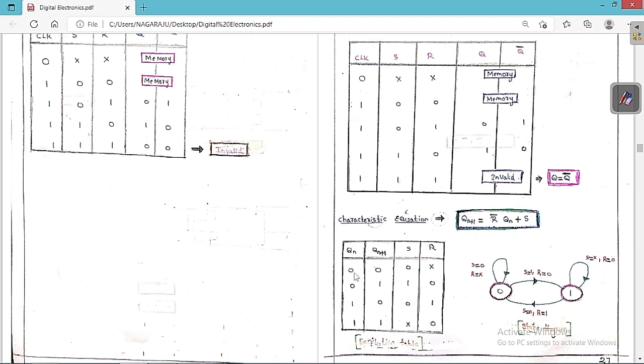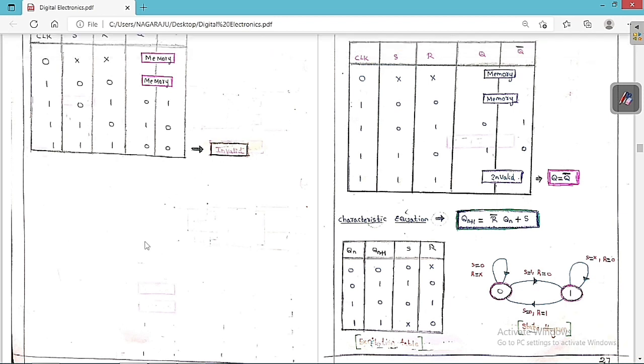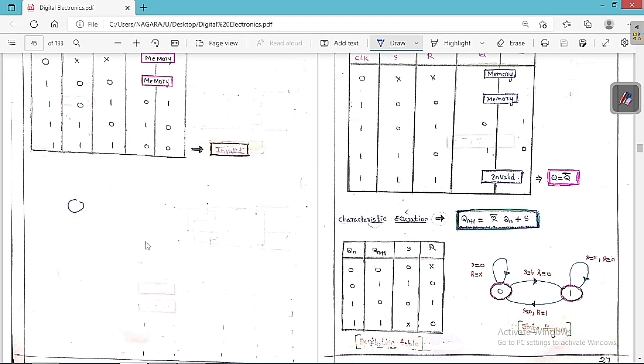See, if I want to change from 0 to 0, what do I have to do? I can give memory 0 0, or I can give 0 1. If I give 0 0, I am going to get the same thing as memory. So S is equal to 0 and R is equal to 0, which means memory, so the previous value is going to be present here.